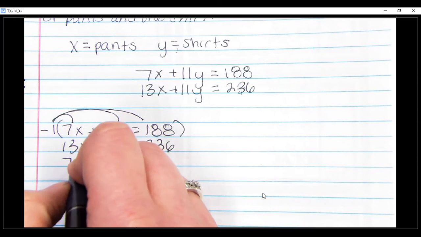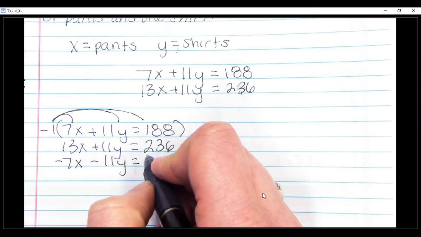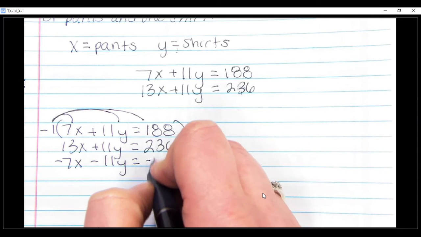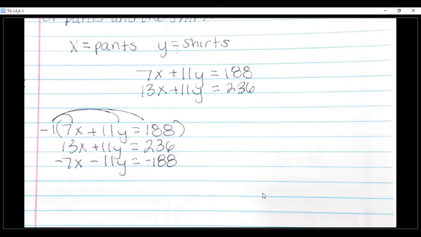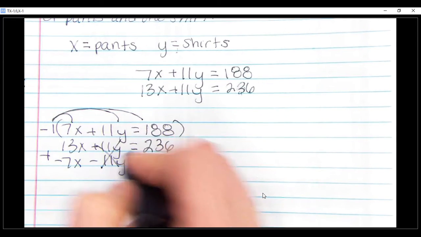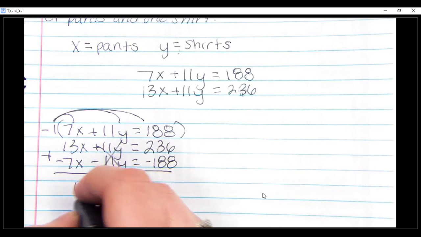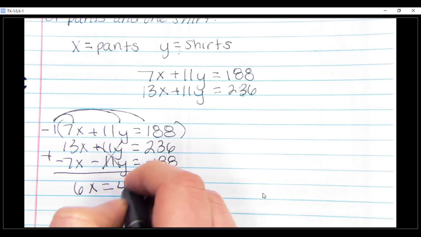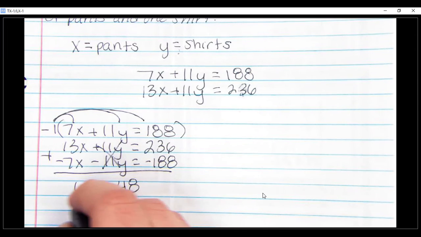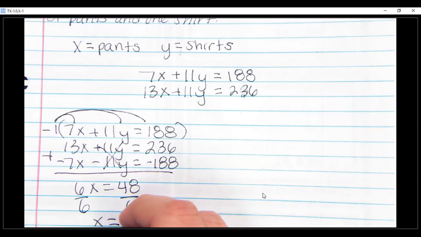And after I do that, I get negative 7x minus 11y is equal to negative 188. From here, I can add going down, cancel out my y's, and I am going to get 6x is equal to 48. Of course, divide by 6 to get x is equal to 8.